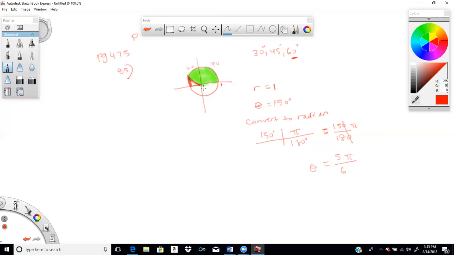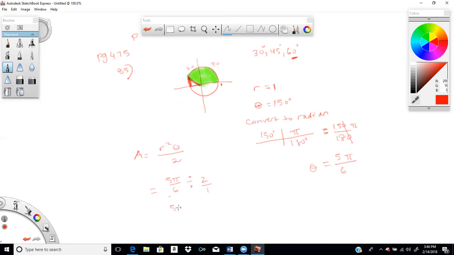When we find the area of the shaded area, we're using the formula r squared times theta over 2. In our case, r is 1, so we're looking at theta over 2. That gives me 5 pi over 6 divided by 2. Since we have a fraction already, divided by 2 is 2 over 1.